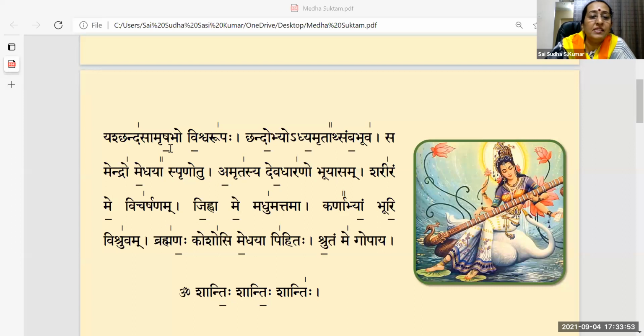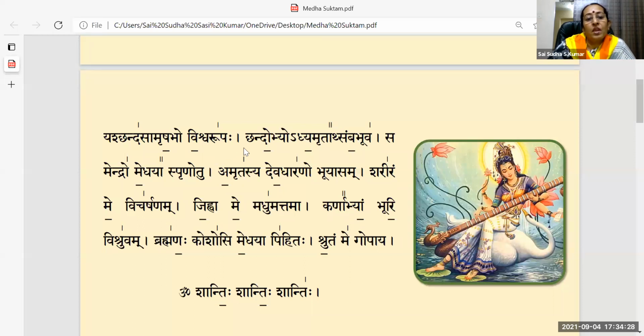There is a tendency for many to pronounce sha as sha. Sha and sha are different, so please note that. And again bho is Mahapran. Vishwa Rupaha. Ru is a Dirgha Matra. So we have Akshara Shuddhi, Matra Shuddhi, and Swara Shuddhi. Here Ru comes under the Matra Shuddhi, where it is a Dirgha Matra.